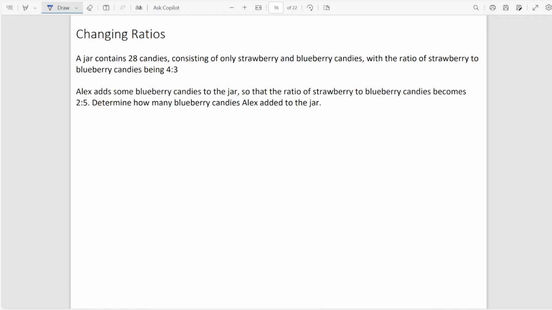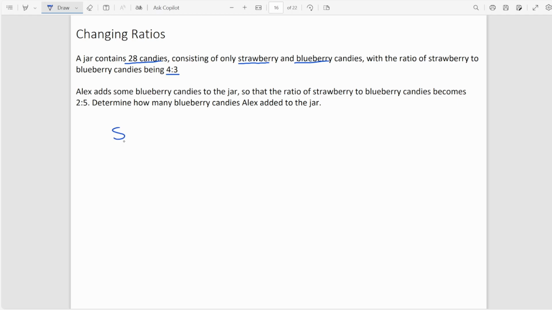Now, the final concept that we need to understand when it comes to ratios is what happens when ratios change. Let's take a look at this clarifying example. A jar contains 28 candies consisting of only strawberry and blueberry candies, with the ratio of strawberry to blueberry candies being 4 to 3. So I will write this information.